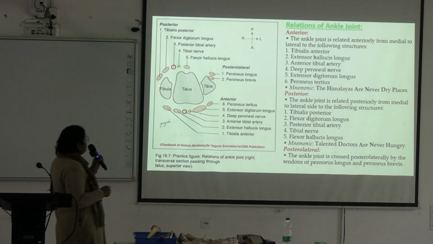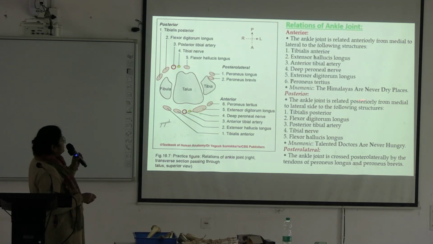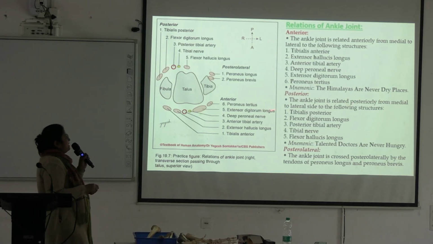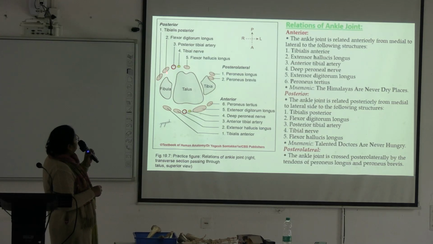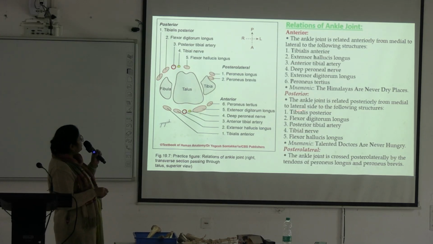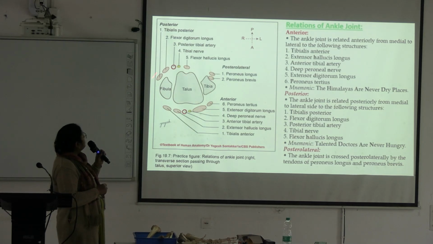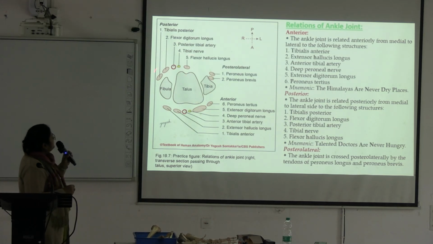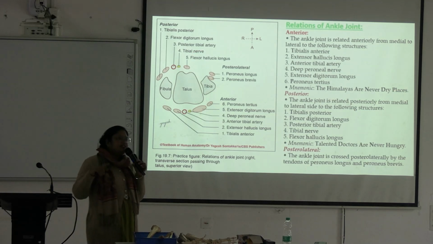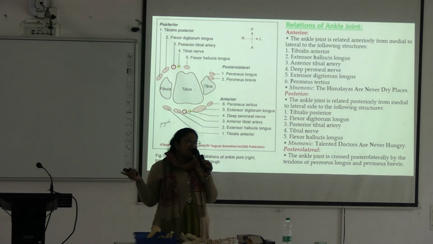Next, the posterior relations, from medial to lateral. Related posteriorly from medial to lateral: tibialis posterior, then flexor digitorum longus. Next is the posterior tibial artery, then the tibial nerve, and flexor hallucis longus. Here the mnemonic is tiktiki dim bhenge ami bhai nakal holam.